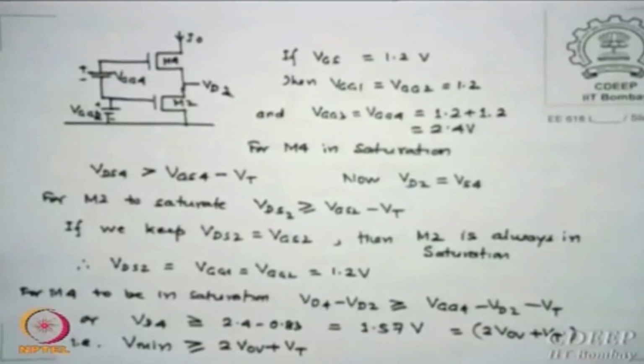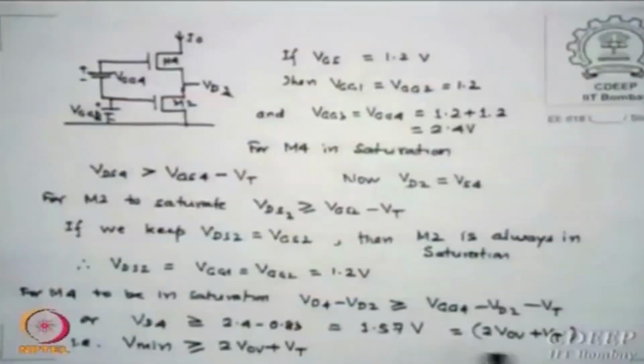Now this value has come: unless I have a voltage equal to 2 VOV plus VT, I cannot ensure it. Individually VOV is sufficient, but together in series I must attain this value so that both transistors remain in saturation at the output I am now calculating. So the minimum I am now getting is 2 VOV plus VT, where there will definitely be a gap; otherwise you would have to further increase it if you want a 100% guarantee.